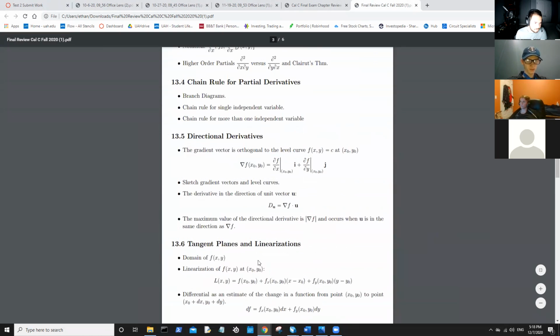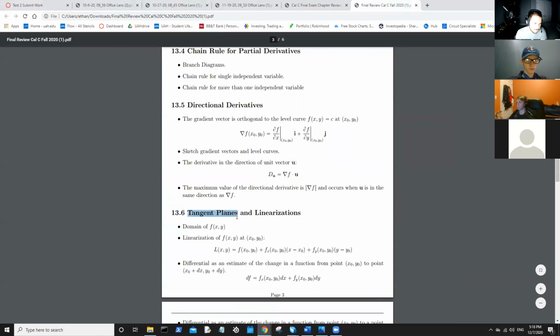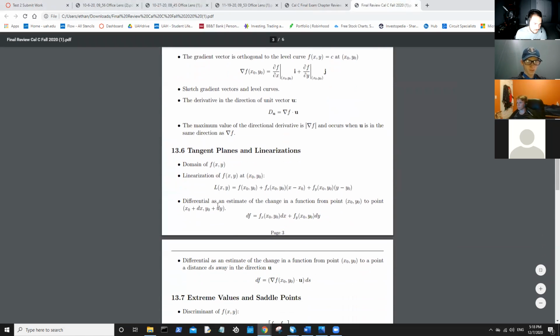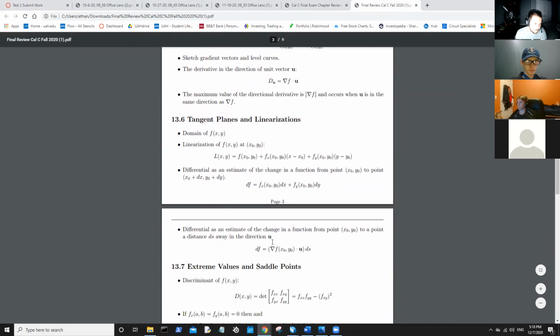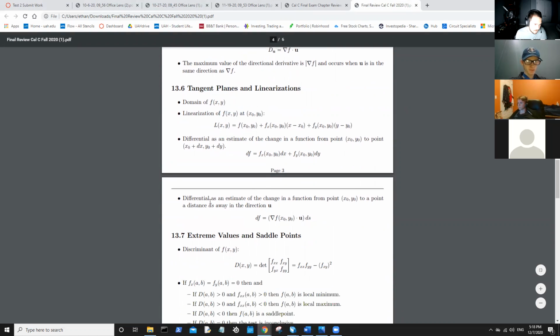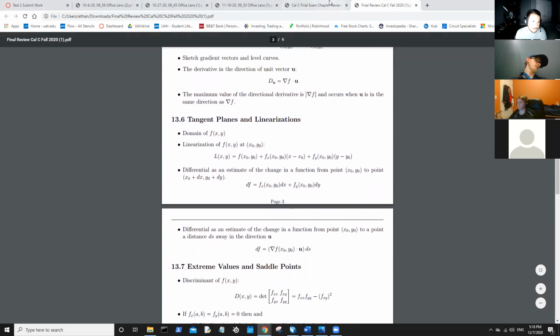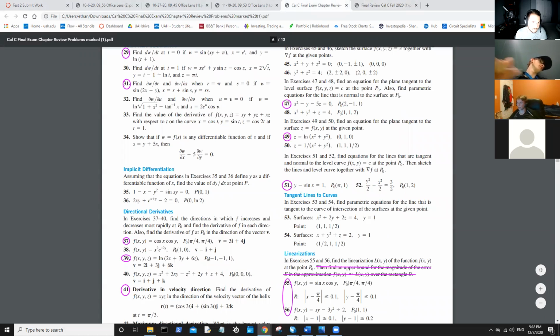Tangent planes and linearizations. It just says tangent planes, and then it talks about linearizations and estimating change. What is this question? Like, what number is it? 47.